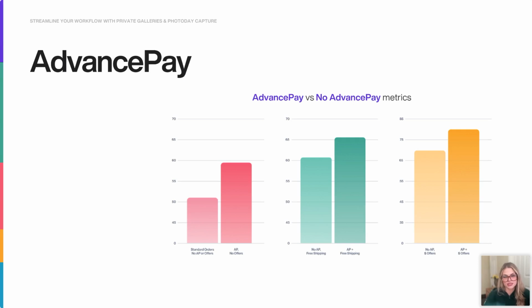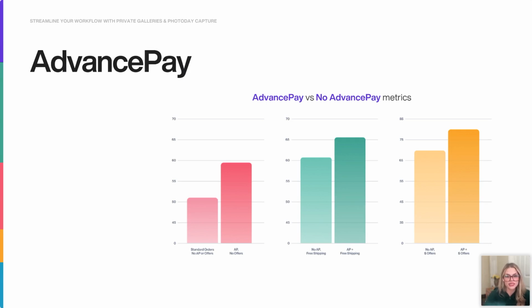So there are 3 different scenarios where offers are used or not used. And in all the scenarios where offers are used in connection with advance pay instead of just as a general offer, the average order is higher. So customers spend the money initially when they buy the credit, and then once pictures are ready, they very well have more money to spend. And I think the data shows that.